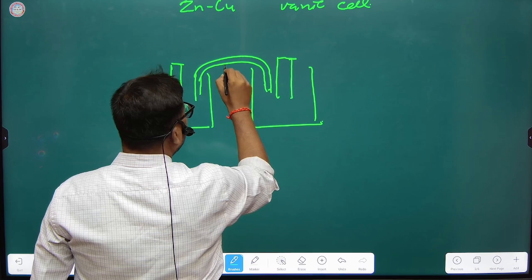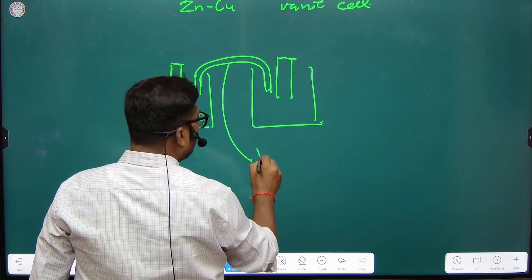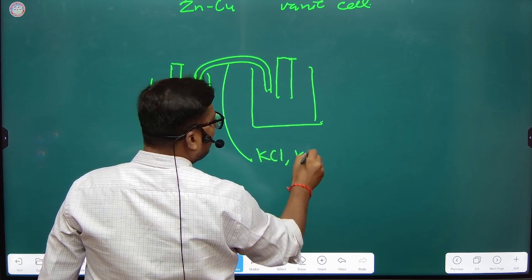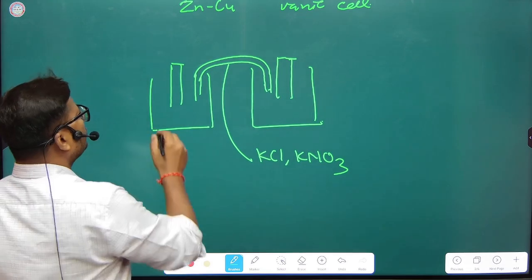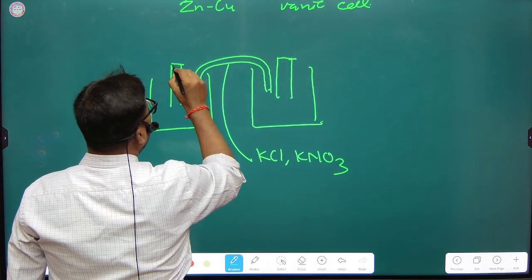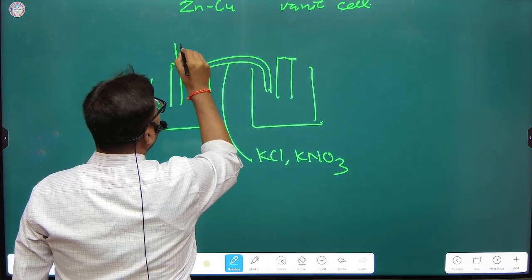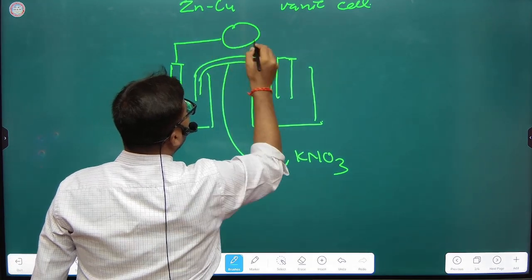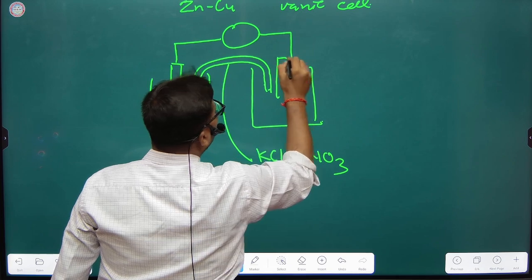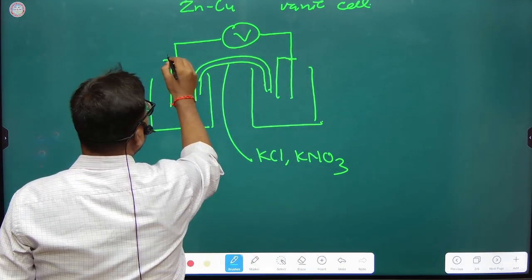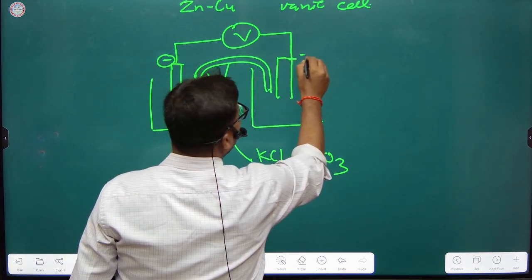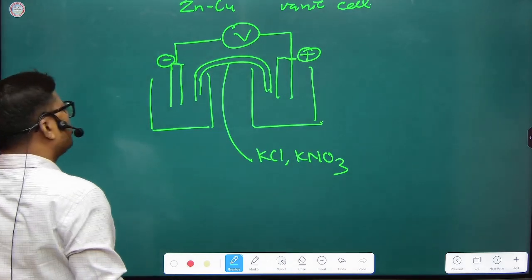So this salt bridge contains KCl, KNO3, that is a strong electrolyte, right? So now, if this is the anode, then this is connected like that, and this is connected with a voltmeter, and this is the voltmeter, right? So this is getting negatively charged and this is getting positively charged, right?